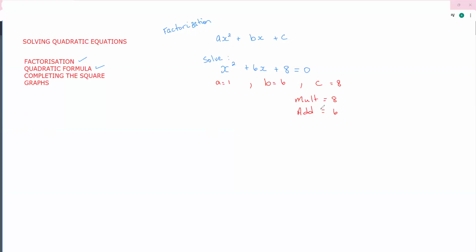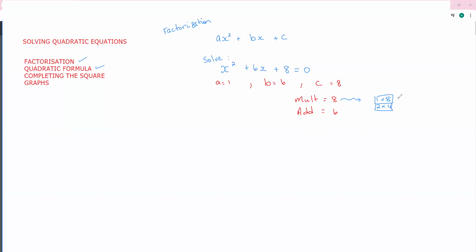So we take the number that we got when we multiply. The rule is you look for all the ways we could multiply to get that number. So we have 1 times 8 and 2 times 4. So you look to see which of the pairs of numbers, when I add them or subtract them, will give me 6.